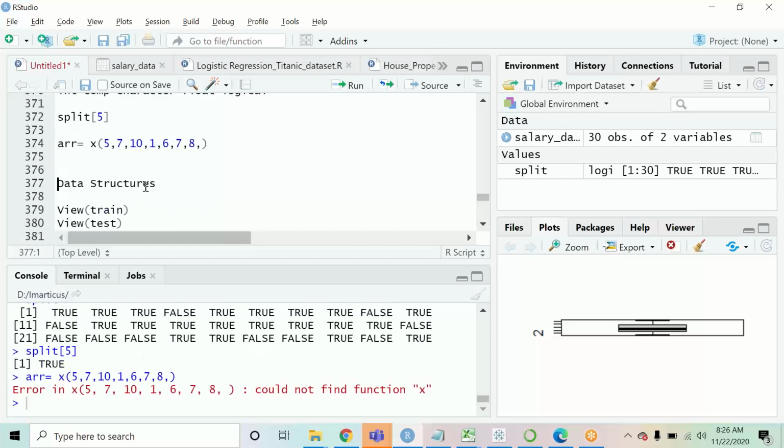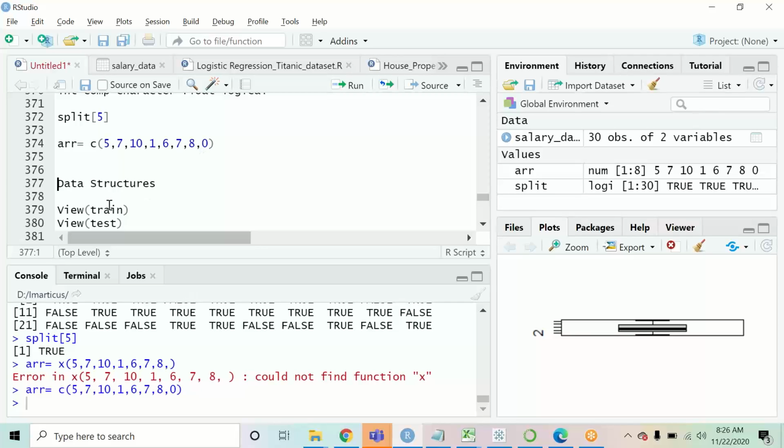Now this is a vector that I have created.